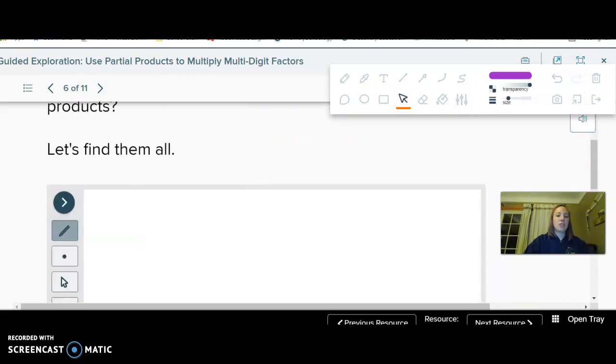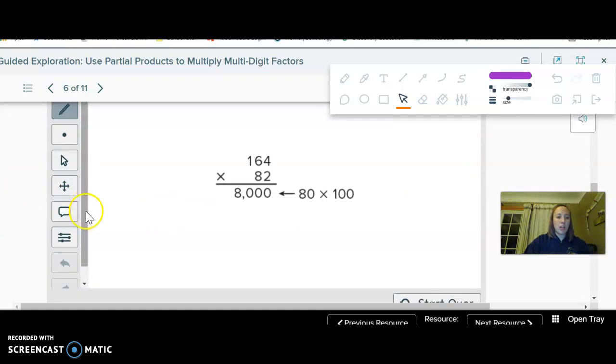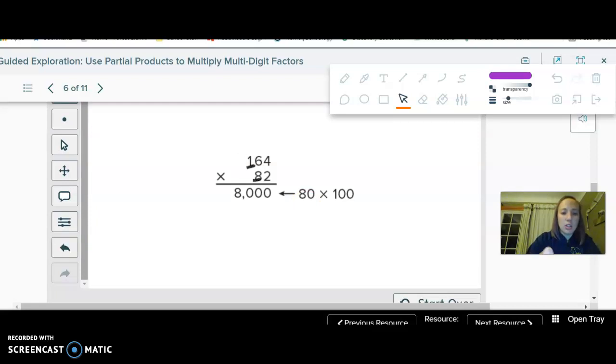There we go. So now let's go through and do all of them. I'll walk through sort of what that looks like. So if I have 80 times 100, now I'm going to do 100 times 2. You can do them in whatever order.